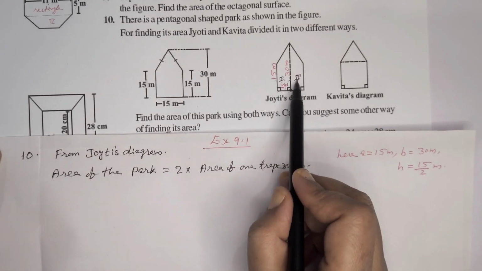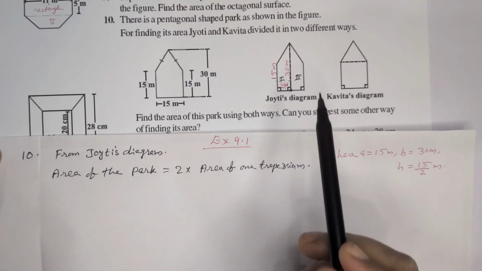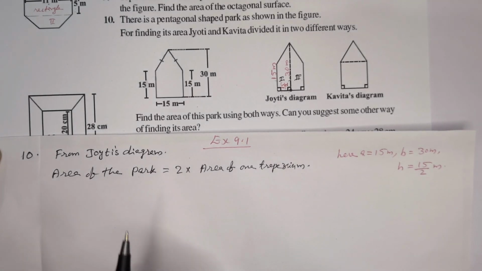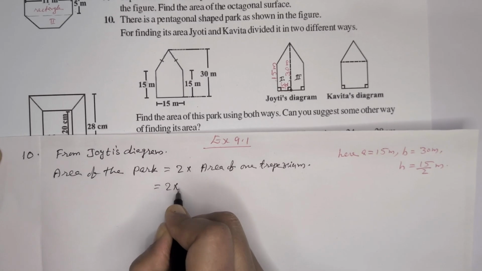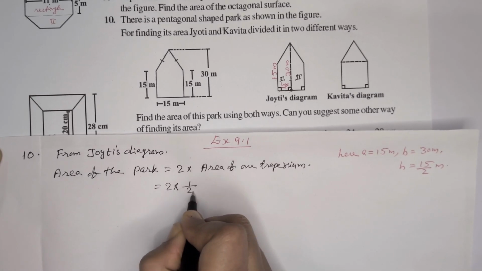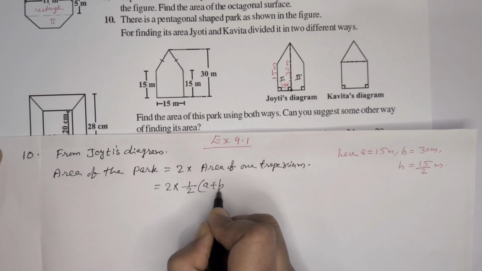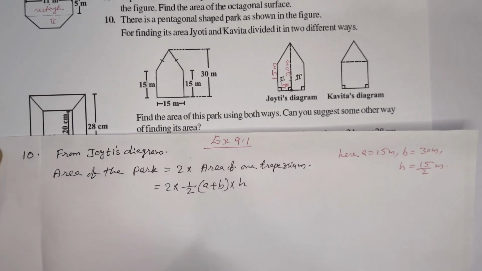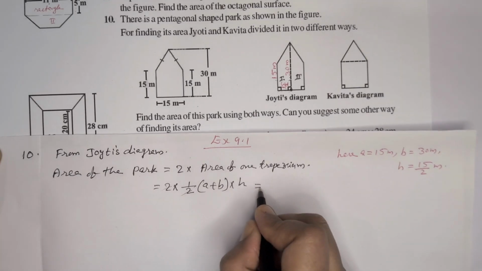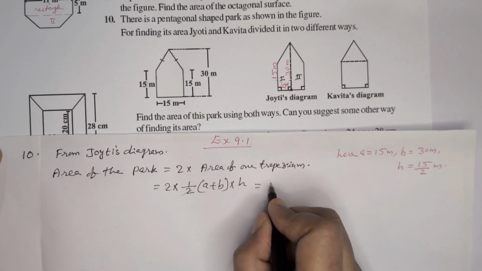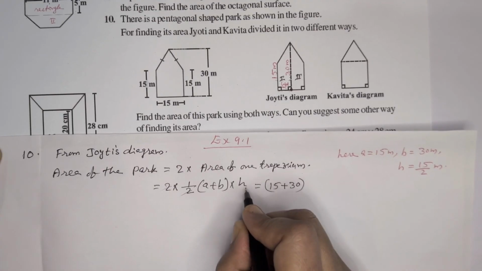And the same way for the second trapezium. So area of the entire park is equal to 2 into area of one trapezium. We know the formula, 1 by 2 into (a plus b) into h. Here 2 and 2 we can cancel, which is equal to a means 15 plus 30, into height.